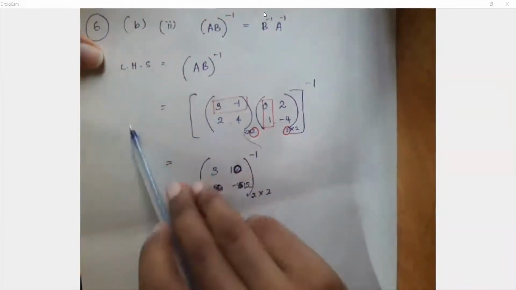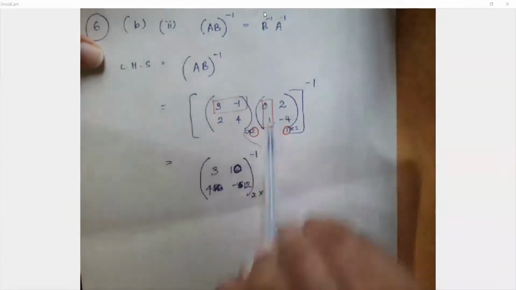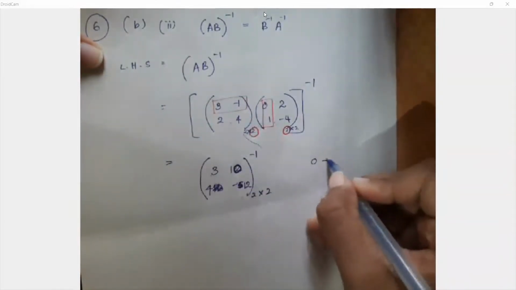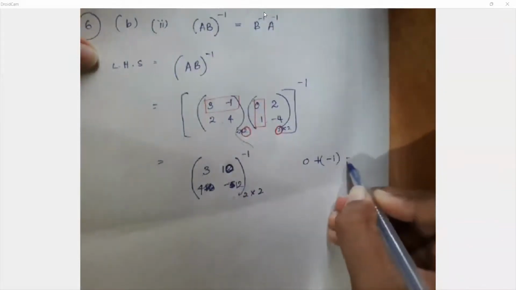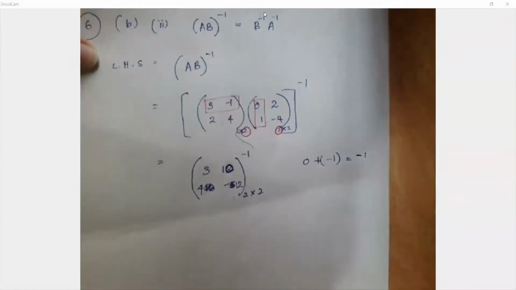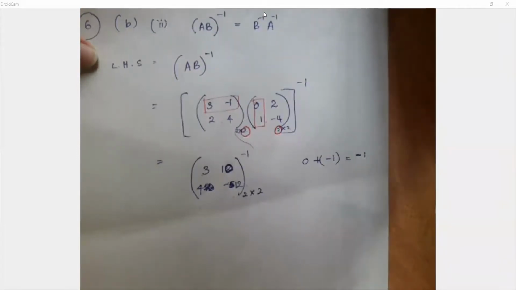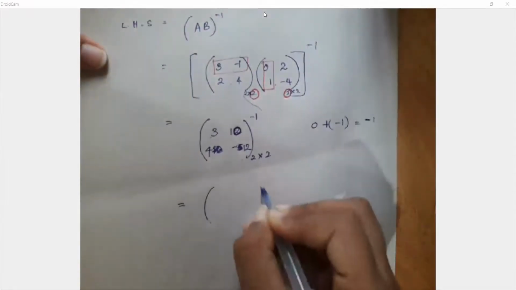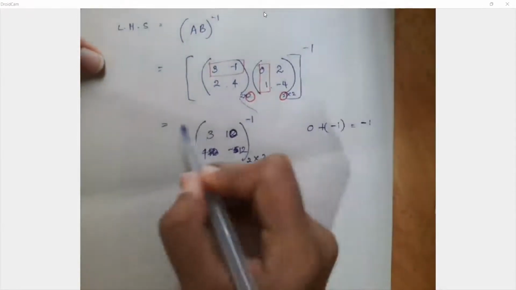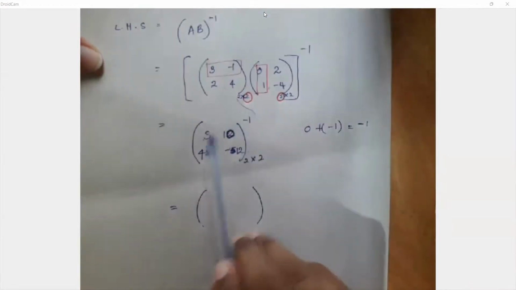See, we look at 1, 1. 3 into 0, 0 plus minus 1 into 1, minus 1. That means minus 1 is the answer. Okay. Now I want to take the multiplication of these two matrices.